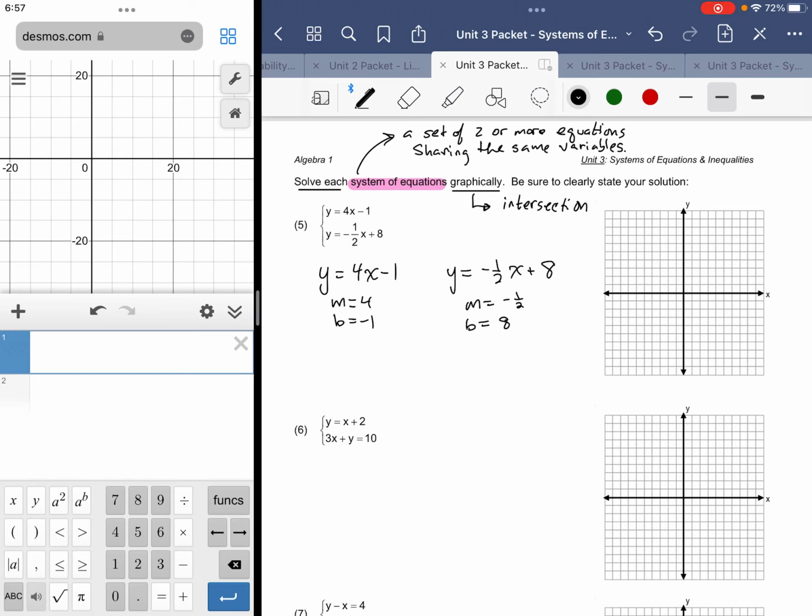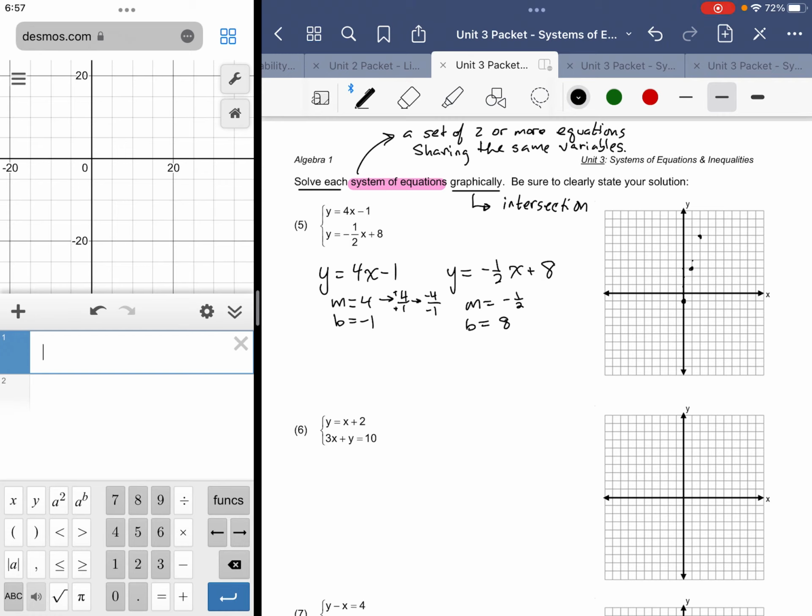All right, so with a y-intercept of -1 and a slope of 4, 1, 2, 3, 4 over 1, because remember 4 is the same as saying 4 over 1. Both are positive, so up 4 to the right 1, up 4 to the right 1. But we could also look at this as being the same as saying -4 over -1.